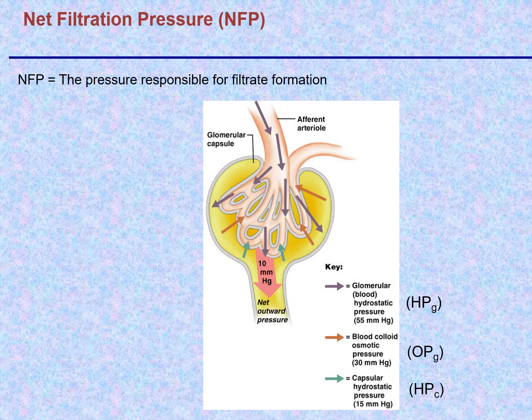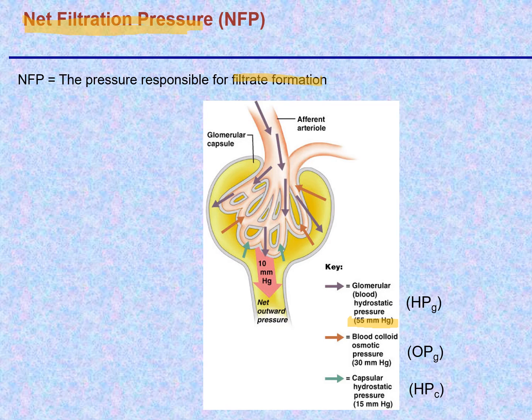And so you have a number of forces acting, and together they form the net filtration pressure, the pressure responsible for filtrate formation. The forces operating include the hydrostatic pressure in the glomerulus, which is kept fairly steady at about 55 millimeters of mercury.